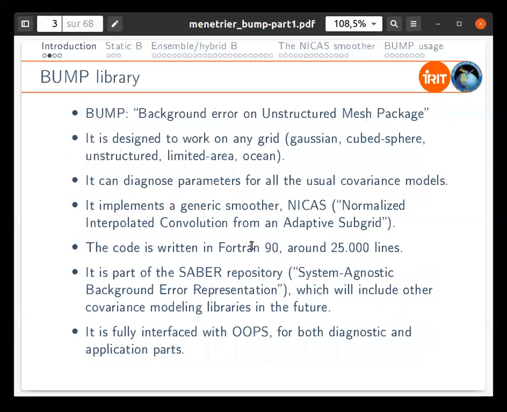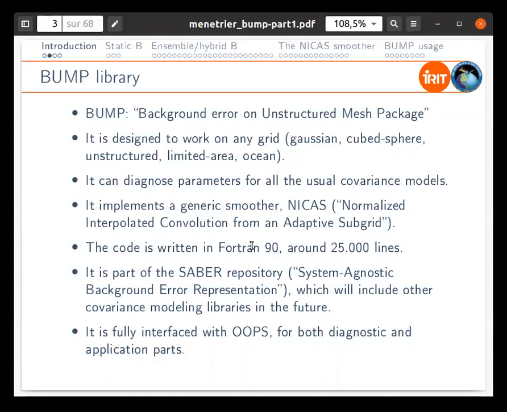So let's start with the BUMP library. BUMP means background error on unstructured mesh package, and it's a generic tool for covariance modeling. I've been developing it since 2015, and BUMP can work with any kind of grid: Gaussian grid, cube sphere, unstructured, limited area, ocean, any grid.